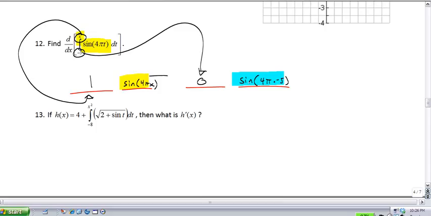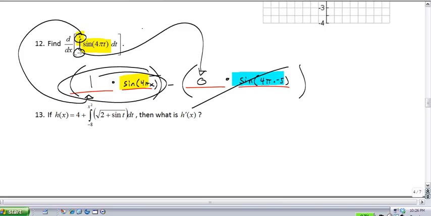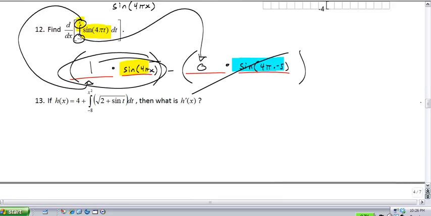Okay, so these are multiplications here. So you got this hunk of junk here. Take away the other one. That's your answer. Well, that goes away because it's times 0. How much is that? It's just sine of 4 pi x. Done. So now try it on the next one.